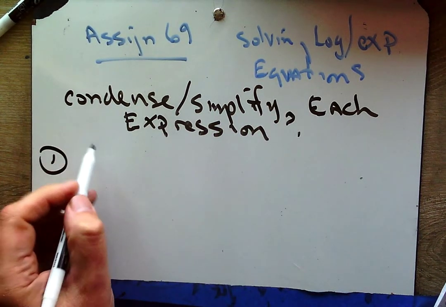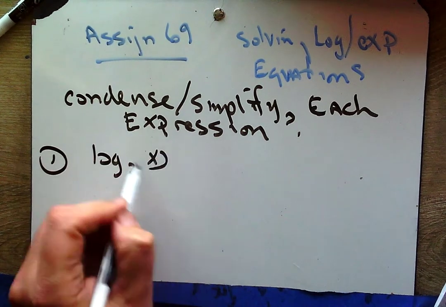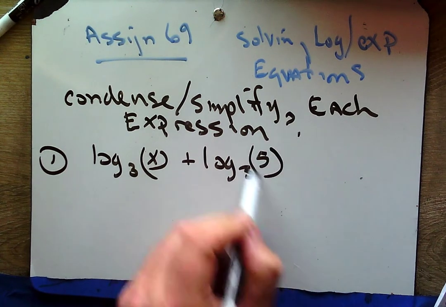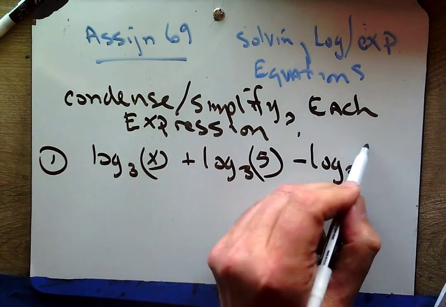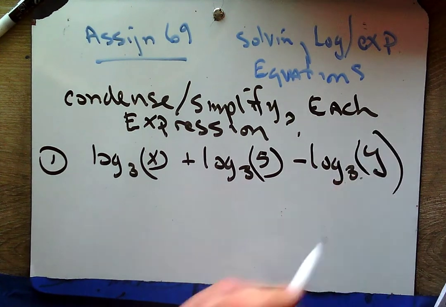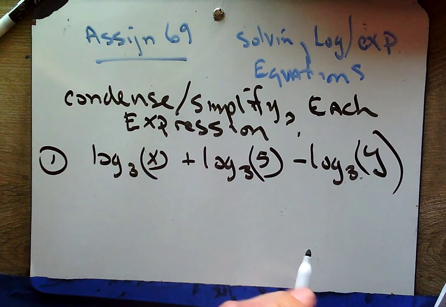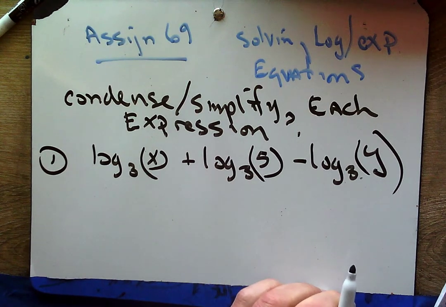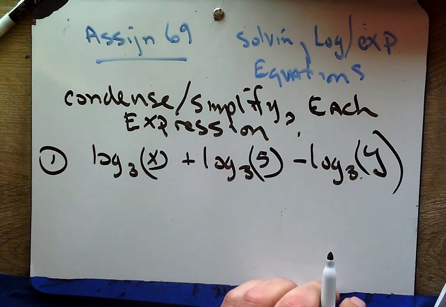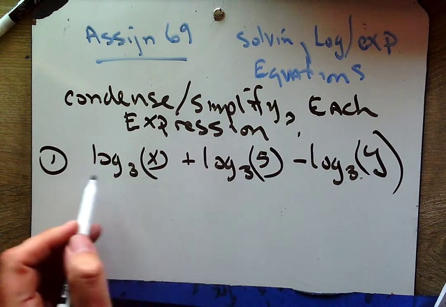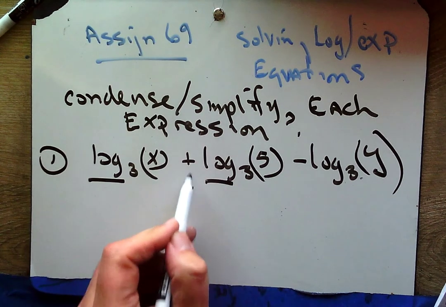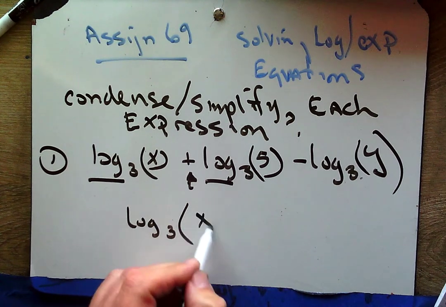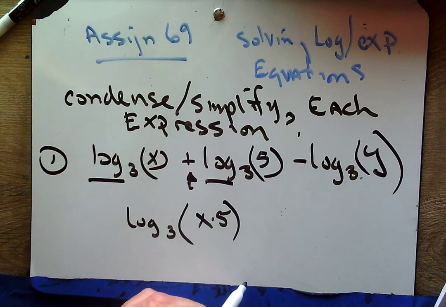The first one is log base 3 of x plus log base 3 of 5 minus log base 3 of y. Okay, I remember when I have two logs joined with addition that I could combine those into one log where things are joined with multiplication.